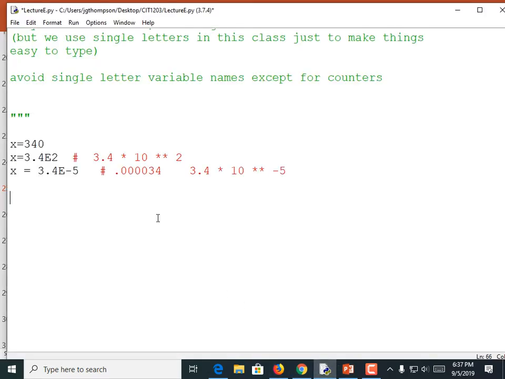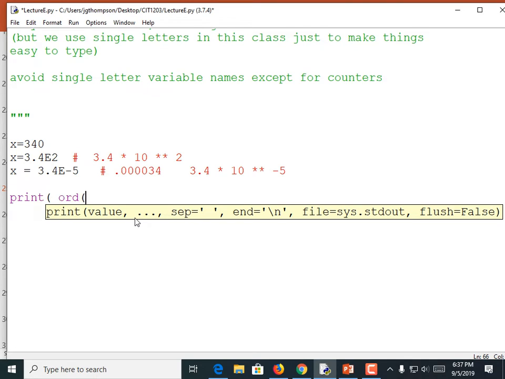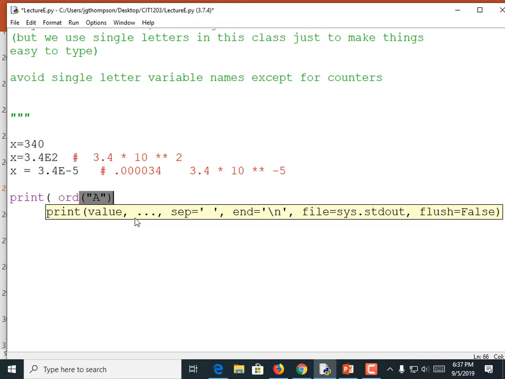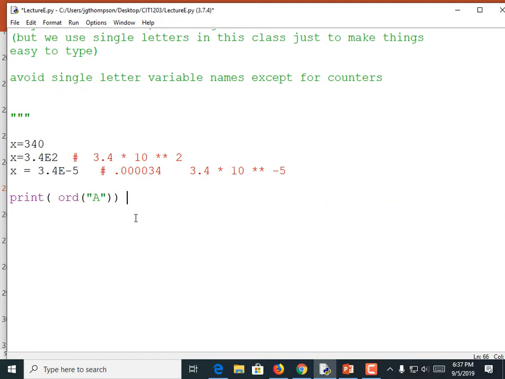If we go here and we do print, ord, quote A, end quote, it's going to print 65, just like I said on that table. And if I do a B, that's going to be a 66. If I do a C, that's going to be a 67.